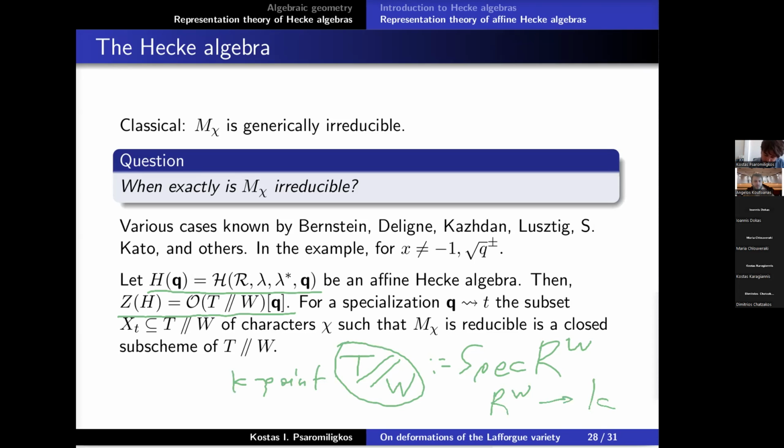Now, if we fix a Q to be T, we can look at the subset of characters that give a reducible module. And what we'll get, this is also very classical, we'll prove it next time though, is a closed subscheme of T mod W. So for each specialization at T, we get some closed subscheme.